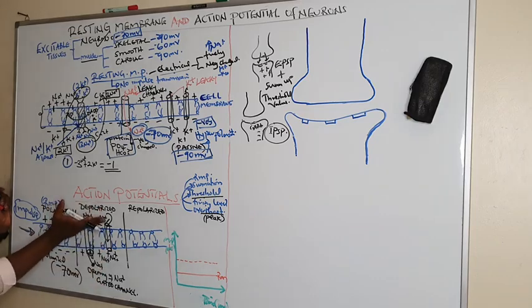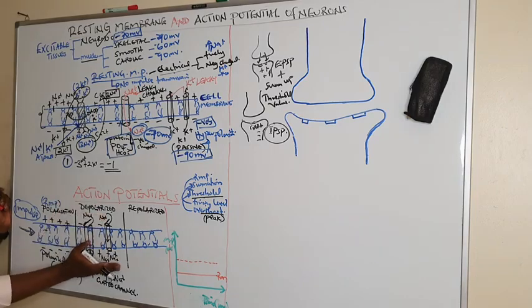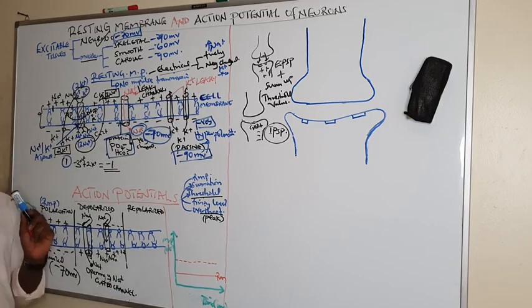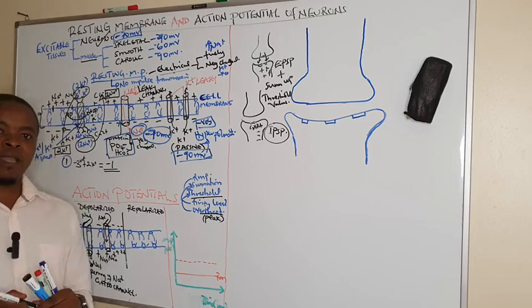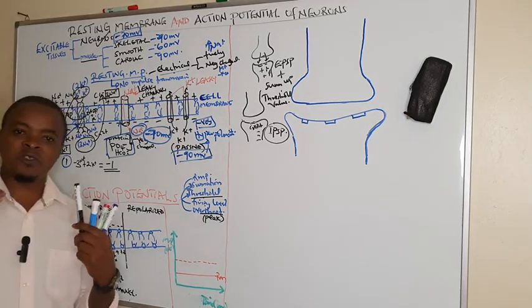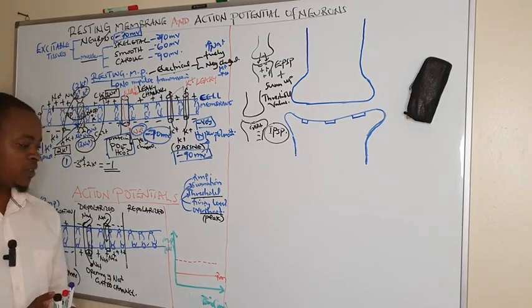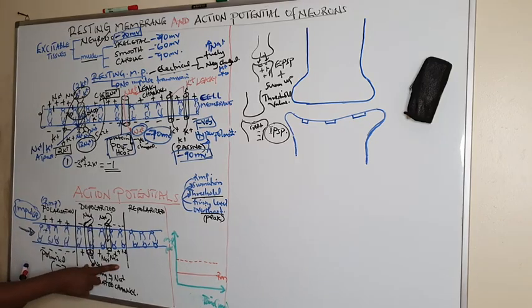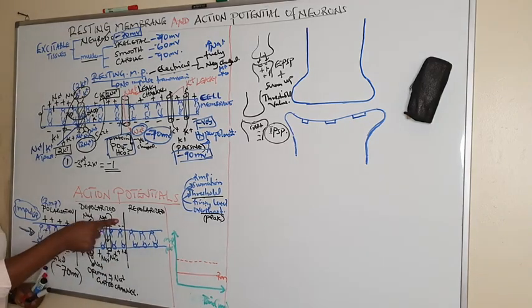We are losing sodium ions from the outside, hence making the outside become negatively charged and the inside of the cell positively charged. This is what we call depolarization, whereby the cell becomes depolarized due to the opening of sodium gated channels, leading to influx of sodium ions, hence the outside becoming negatively charged.